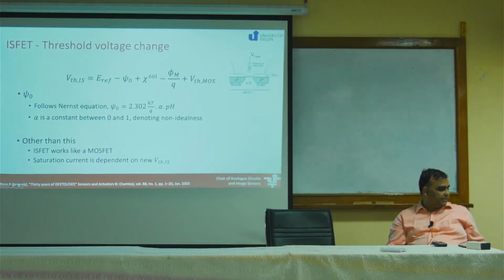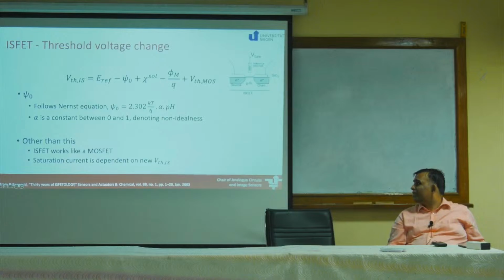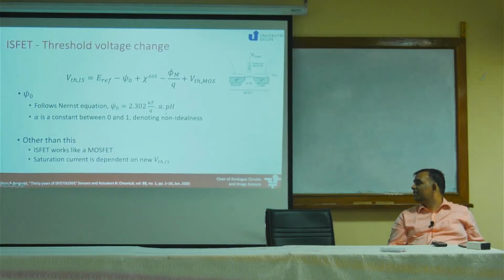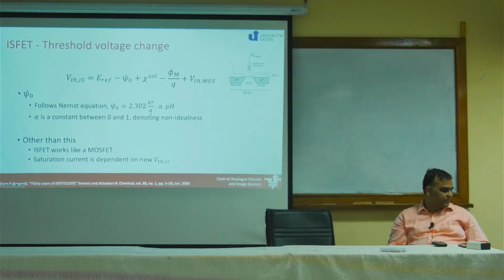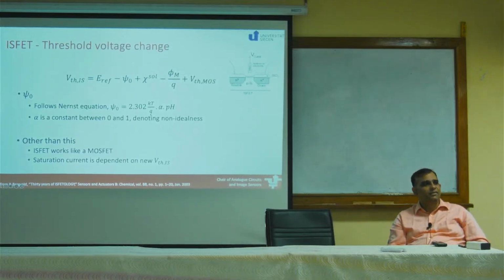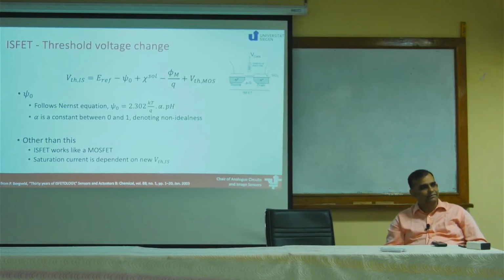Now, the ion concentration follows the Nernst equation. It has a relationship with kT, but it also has a straight dependence on pH. You can see it is a kind of linear function at the same temperature. Other than that, it works like a MOSFET.